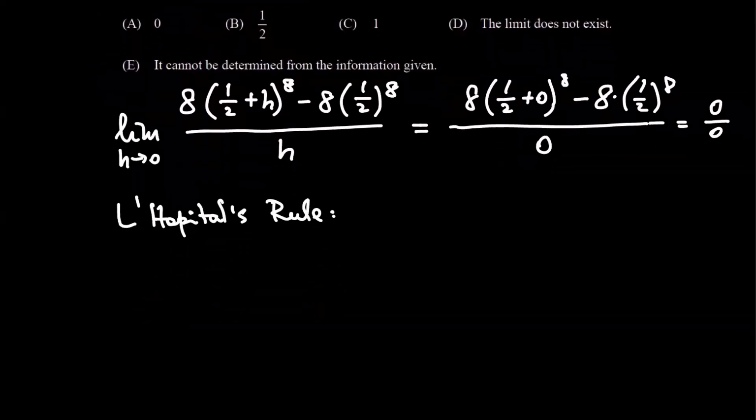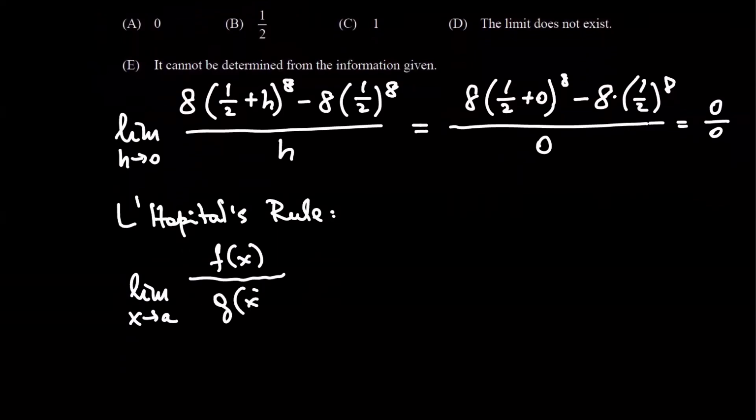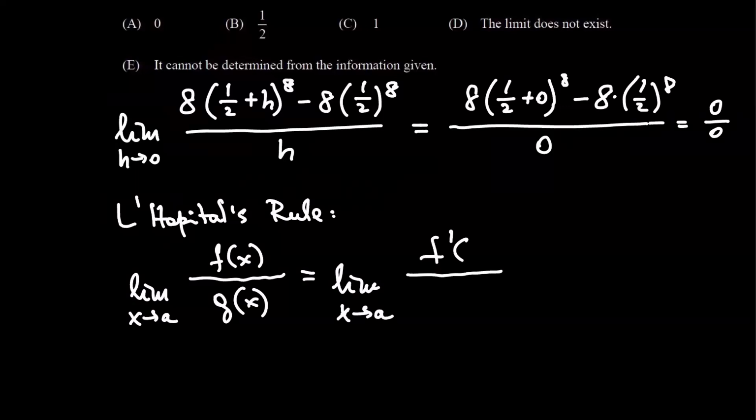It says that if we have the limit of the ratio of the two functions, let's say as x goes to a, of f of x over g of x, and this ratio, when we plug in x equals a to the function, is equal to 0 over 0, then this limit is equal to the limit as x goes to a of the ratio of the derivatives of the two functions, f prime of x over g prime of x.